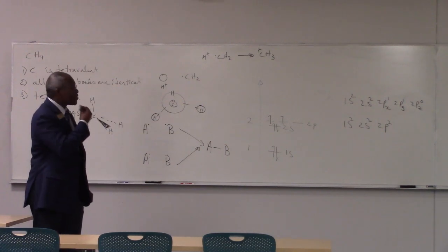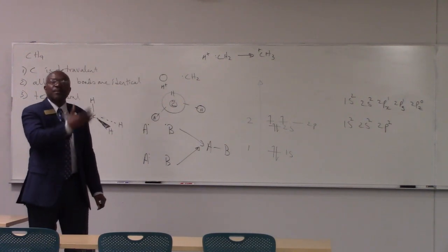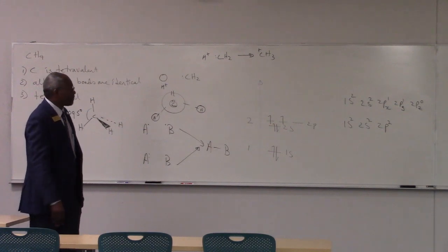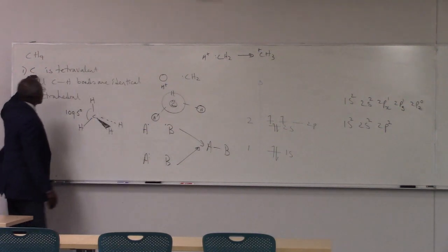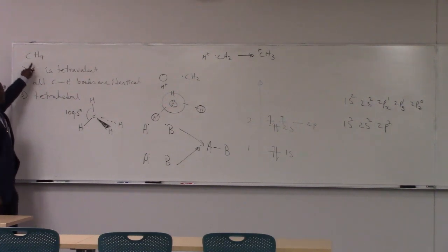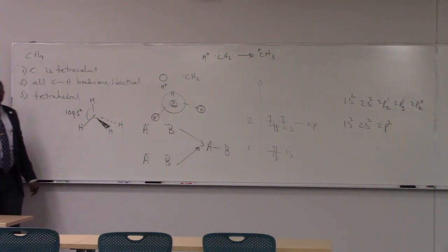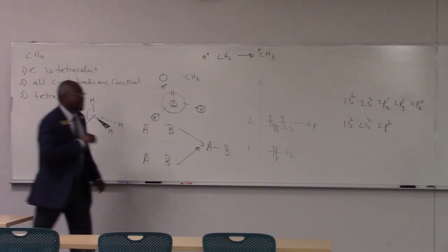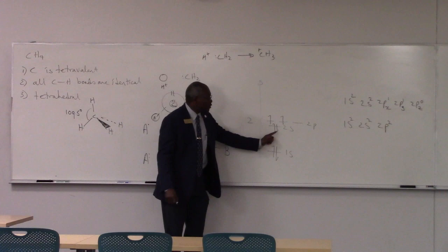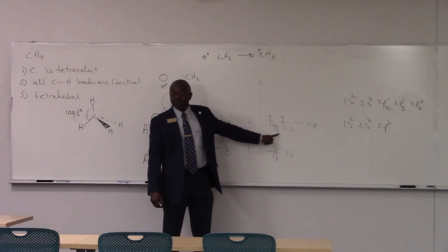All right, so can I fix that? Can I make an argument to help move this forward? The answer is yeah. If I want tetravalence, which is what the carbon is doing, I need four unpaired electrons. So what I can do then is I can say, look, I've got two electrons in the 2s.